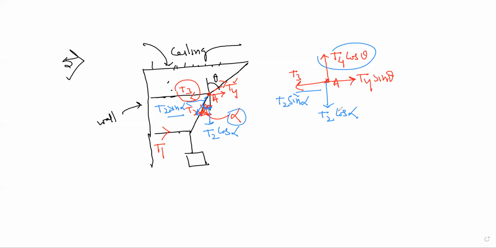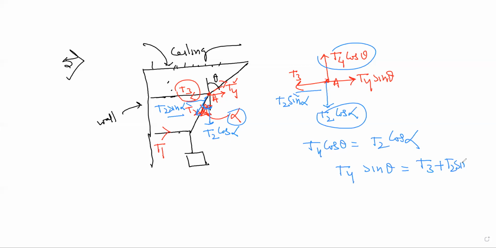So we will equate this force with this. T4 cos theta is equal to T2 cos alpha, and T4 sin theta is equal to T3 plus T2 sin alpha. This is equation first, this is equation second.